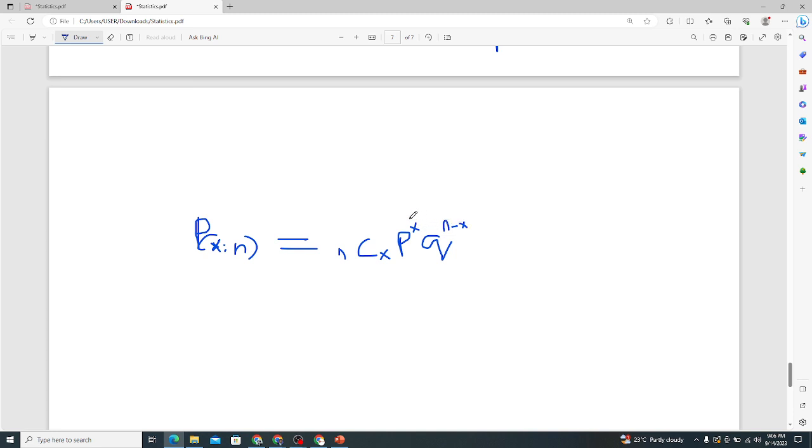Remember, x is the number of successful trials and n is the total number of trials. So the number of non-successful trials will be n minus x. So we can also say that the probability is given by p to the power x, times 1 minus p, raised to n minus x, that is, total trials minus successful trials.